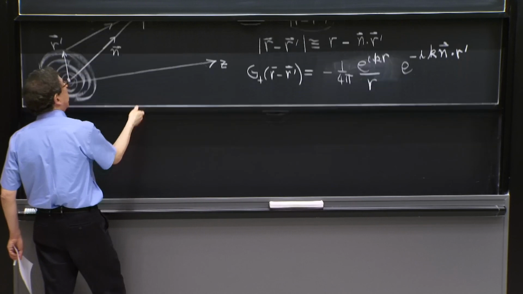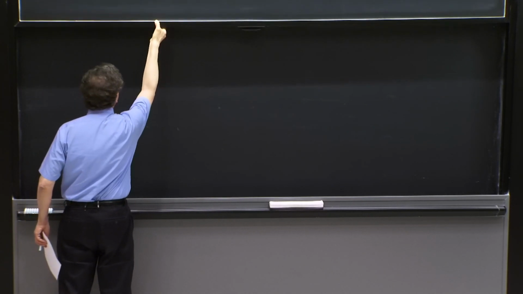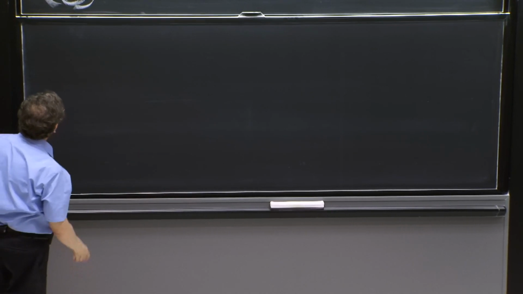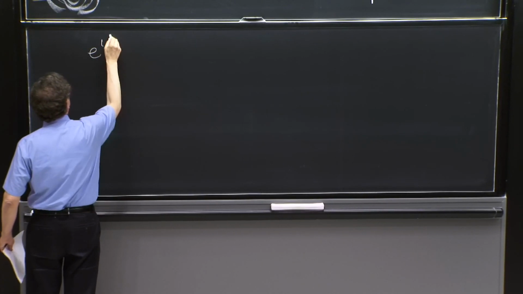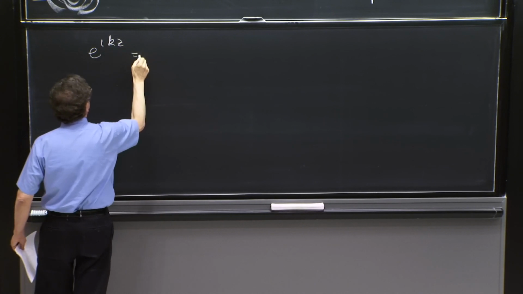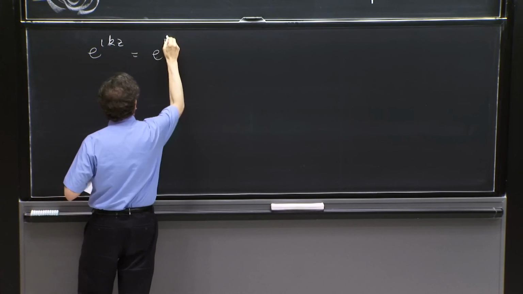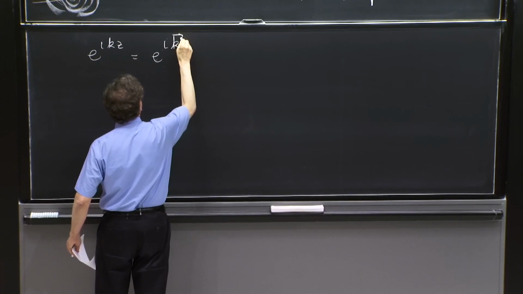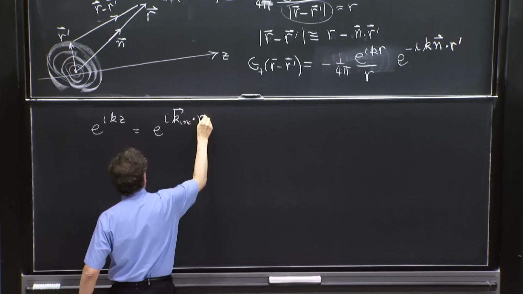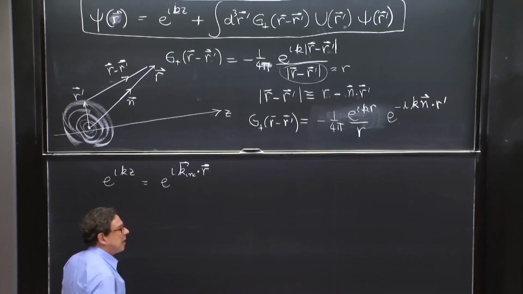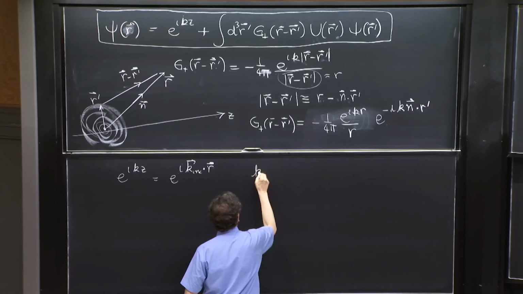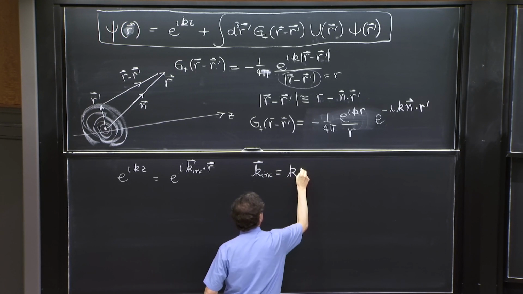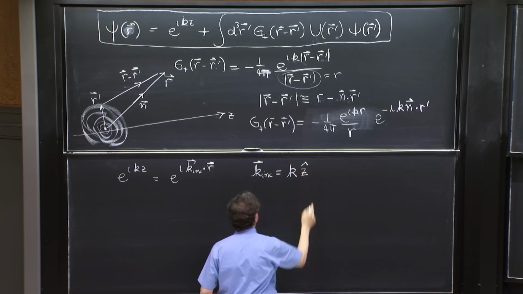We also have here the incident vector. You can write e to the i k z as e to the i k incident dotted with r, if k incident is a vector k times the unit vector in the z direction.